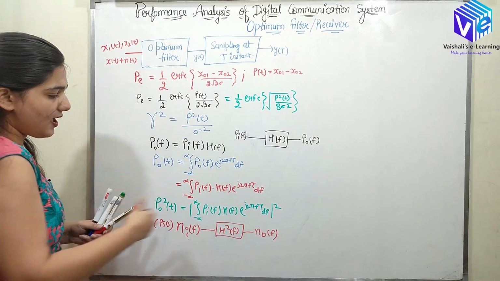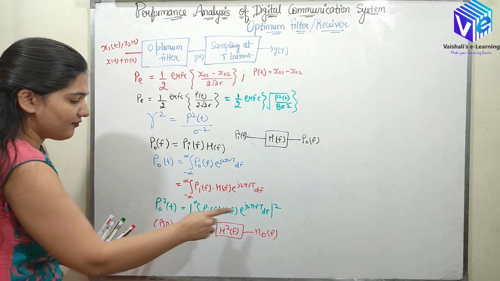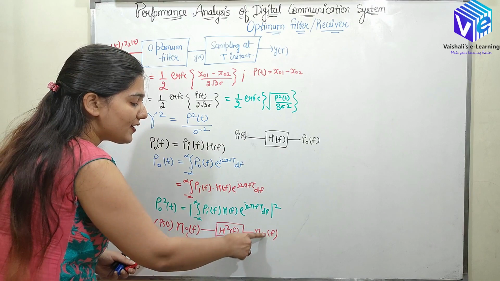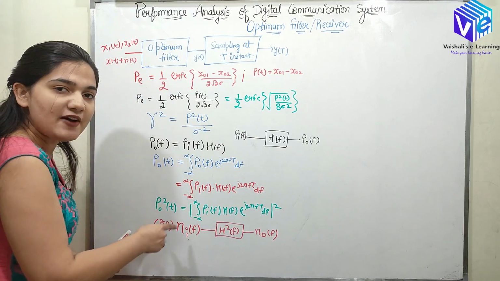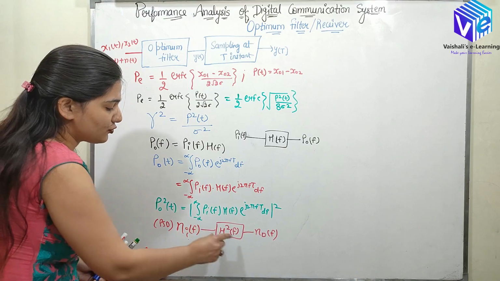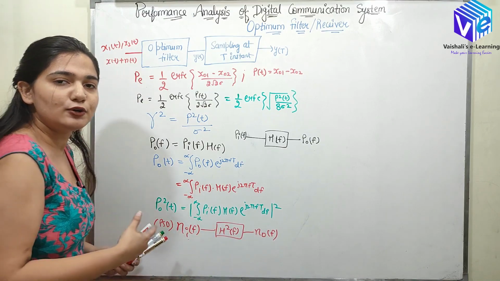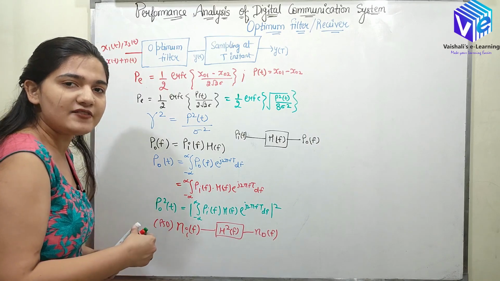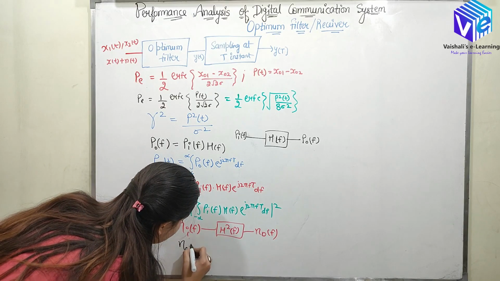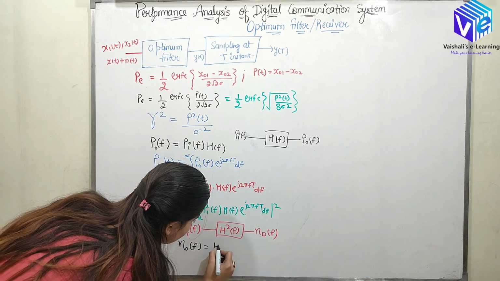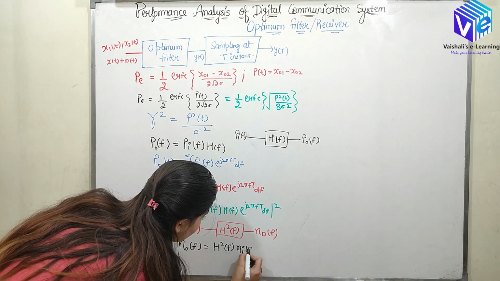So n output f is equal to h square f into n input f, where n output is the noise power spectral density at the output and n input is the power spectral density of noise at the input. So it is related to the transfer function with the square. I have already told you this in the properties of the power spectral density. So I can write n output f is equal to h square f n input f.